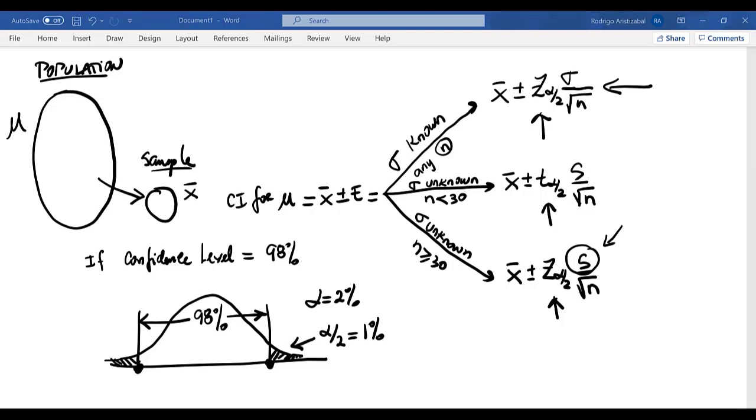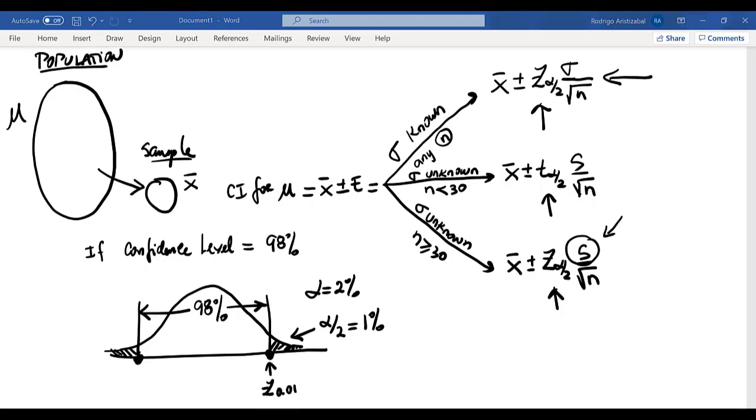If we use the normal distribution, this critical value is z sub 0.01. But if we use the t-distribution, this critical value is t sub 0.01, where 0.01 is equivalent to 1%. These are the most important concepts to obtain a confidence interval for a mean.